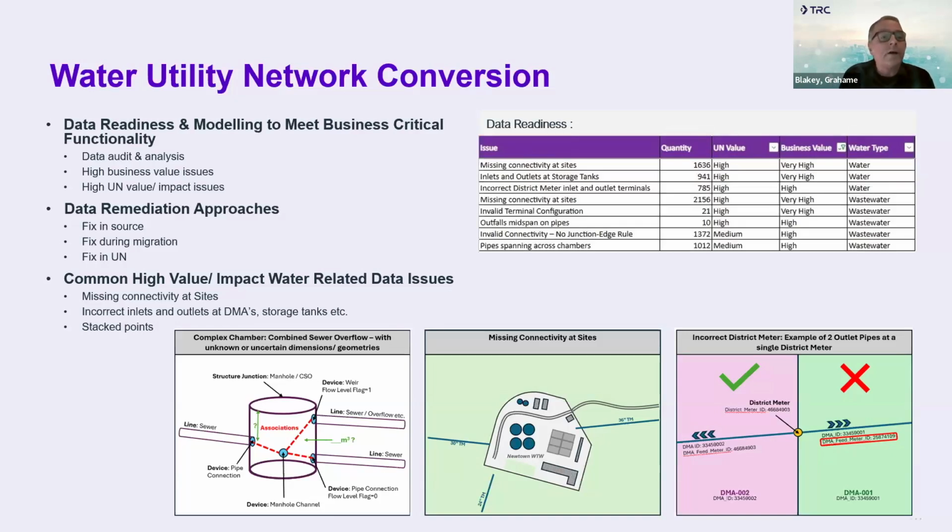Okay, so the final bullet I've got on there is I just wanted to highlight one or two of the common, high value, high impact water related data issues. The first one of those, and probably isn't exclusive to water by any means, but is a very common one typically with water companies, is missing connectivity at site.